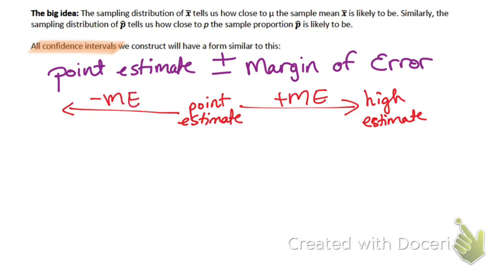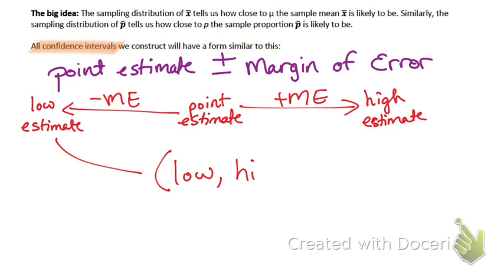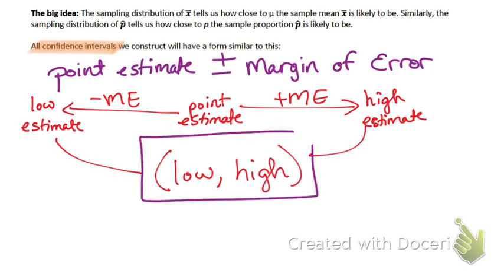You subtracted the margin of error, and that gave you a low estimate. Then you put those into parentheses, and that was your interval. This is how you construct a confidence interval.